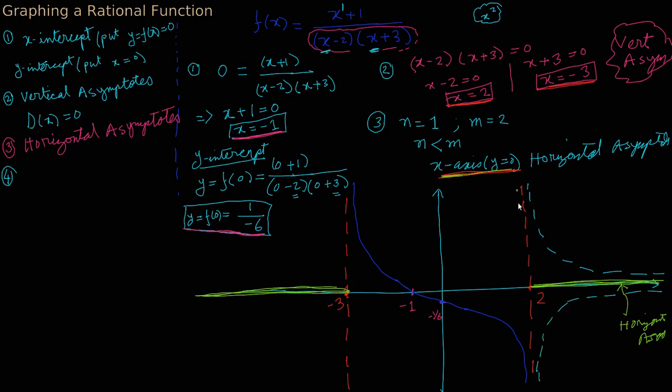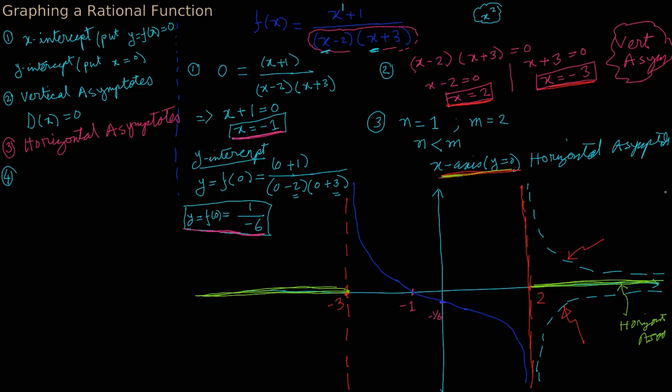On the right hand side of this vertical asymptote, I can have 2 possibilities. One possibility is either this graph or this graph. We are going to confirm which graph is the possibility.